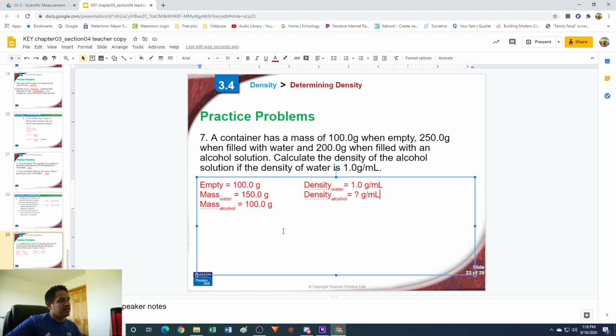Well, let's think about the density equation. In order for us to figure out the density of the alcohol, we're going to need the mass of the alcohol divided by the volume of the alcohol.